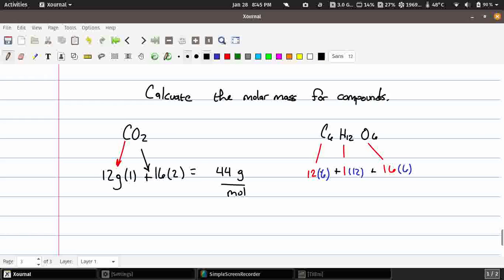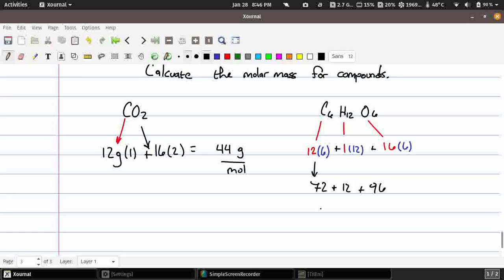So 12 times 6 is 72, plus 12, and then 16 times 6 is 96. I'm going to double check this in the calculator, but I'm pretty sure it's right.